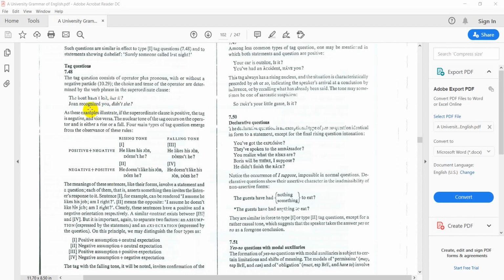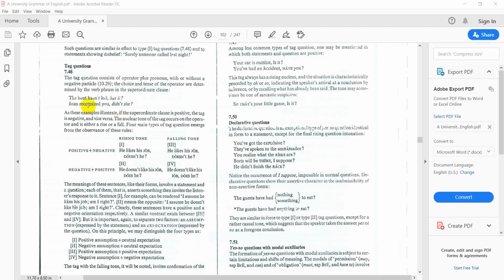If the operator is positive, then the operator in the tag will be negative. We have these two types of sentences: the first one with an operator, the second without an operator, and let's see how we can deal with both.